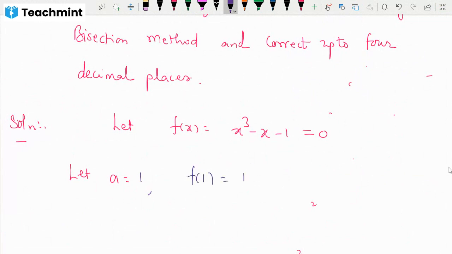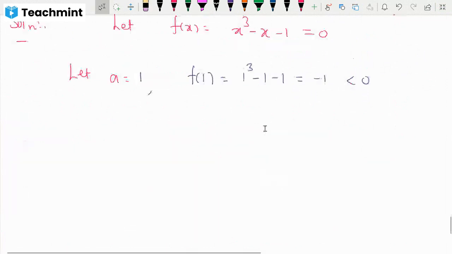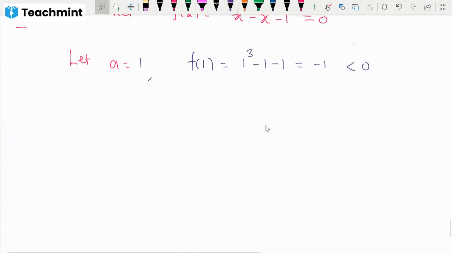It will be 1 cube minus 1 minus 1, which is equal to minus 1, which is less than 0. Now let's take b equal to 2. You have to find these values of a and b by practice.